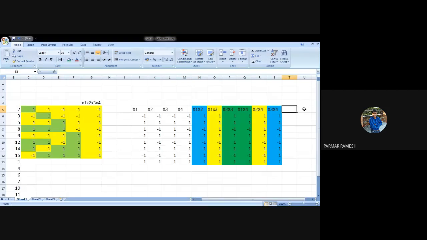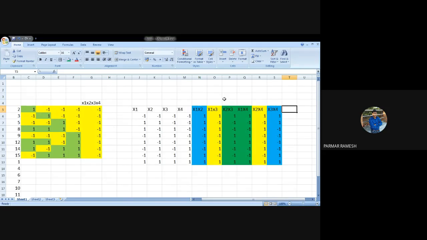What we need to do is multiply it with x1x2, x1x3, x2x3, etc. So, in order to determine the coefficients b1, b2, b3, b4, b12, b13, b23, etc., we will get the same value of b12 and b34. We will get the same value for b13 and b24, and b23 and b14.